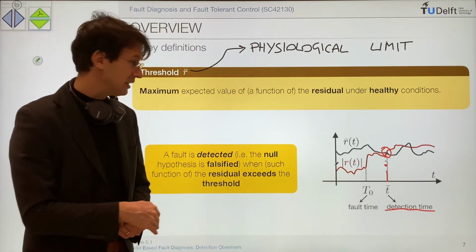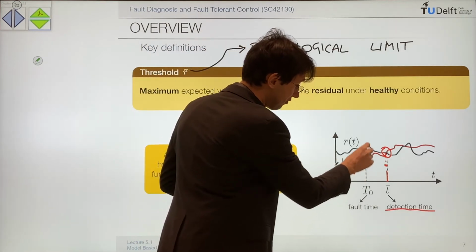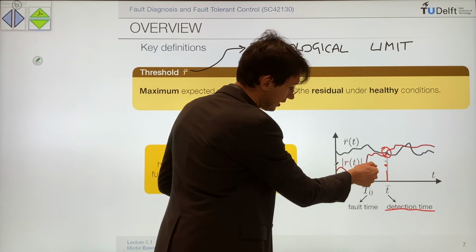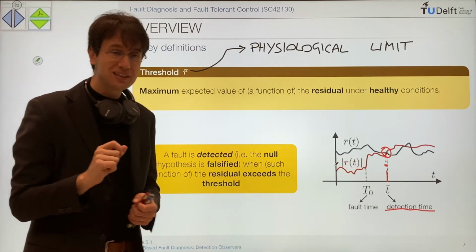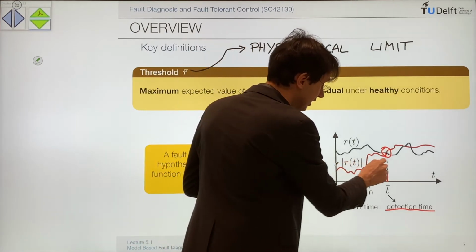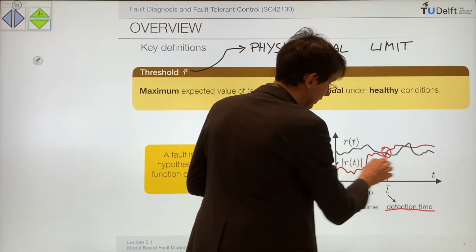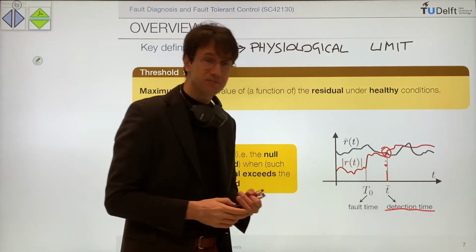You can easily understand that here we have some change in the residual because of a fault. The change that you see here is due to a fault. But if the fault is very small, then the effect on the residual is small itself. Maybe the residual will stay here, and the change is not enough to make it cross the threshold.